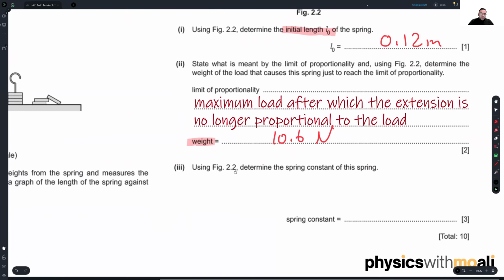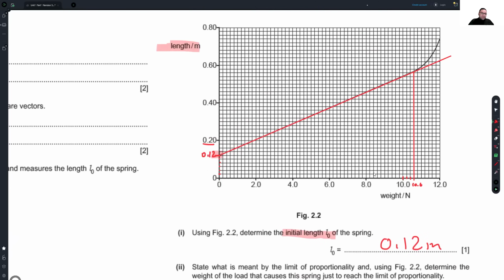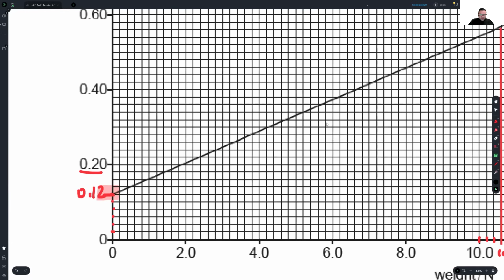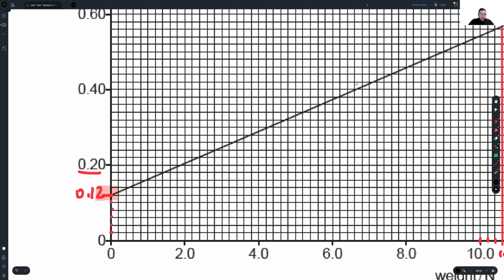Next, using figure 2.2, determine the spring constant. Oh, this one's easy. I know it's a 3-mark question, but this is one of the few times where it's not really a trick, or is it? F equals kx, but k is equal to F over x. Pick any F and x you want, as long as it's on the straight line. So I'm going to pick some random point here.